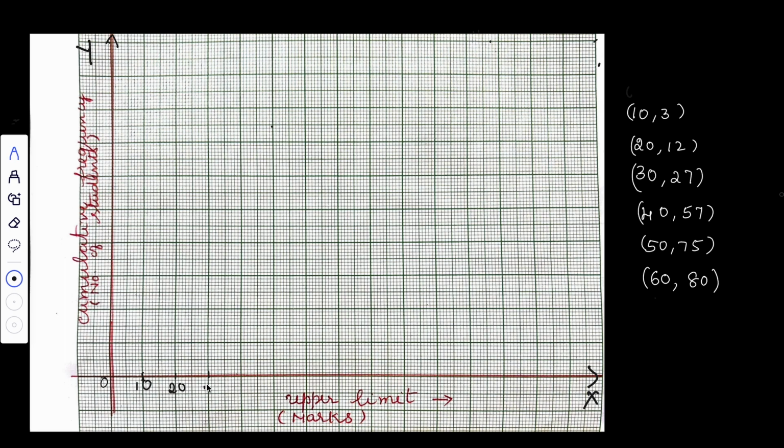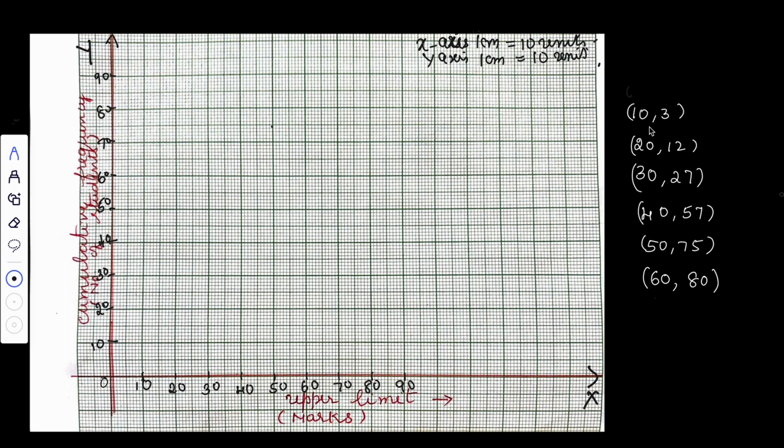Here I'll take the units as 10, 20, 30, and on the y-axis also 10 units only: 10, 20. The scale is: on the x-axis, 1 centimeter is equal to 10 units, and on the y-axis, 1 centimeter is equal to 10 units.